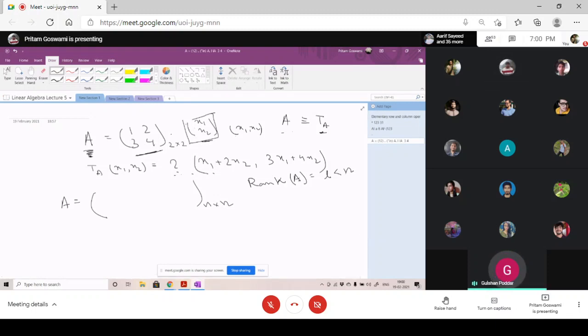Because if the rank of A is L, which is less than n, then the mapping that A corresponds to wouldn't be bijective. And if it's not bijective, then we cannot find an inverse. So basically, rank of A less than n means the null space is not equal to 0.